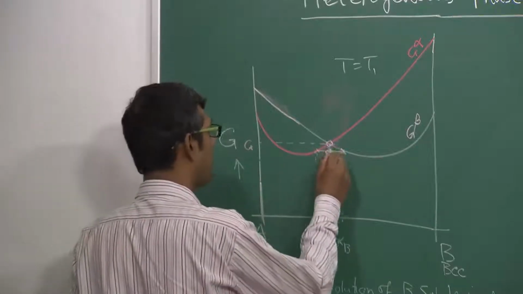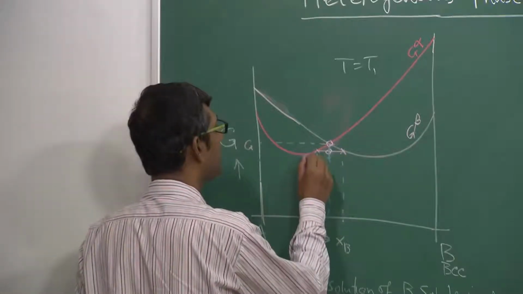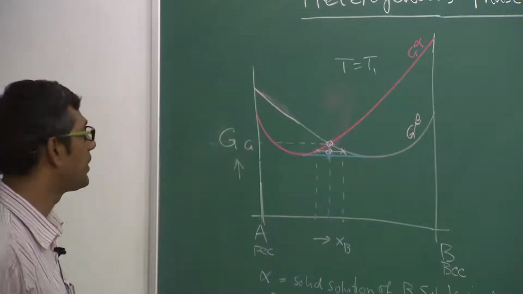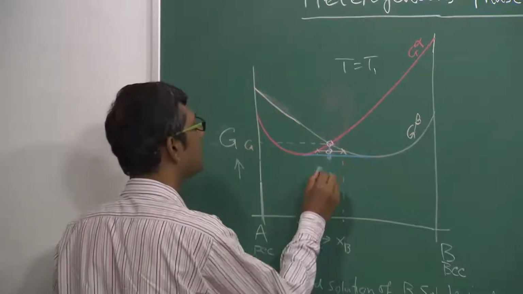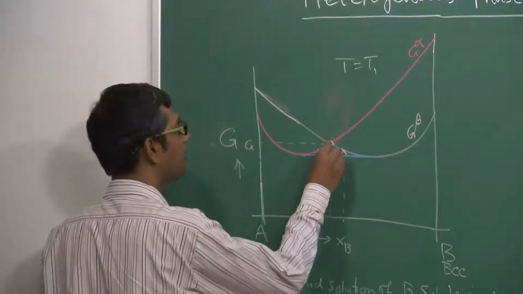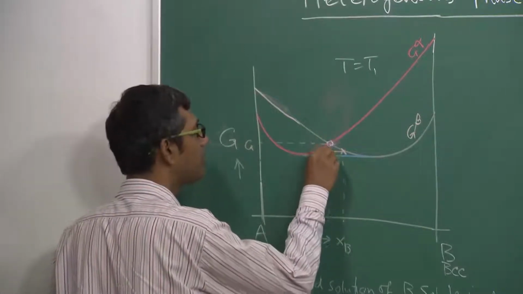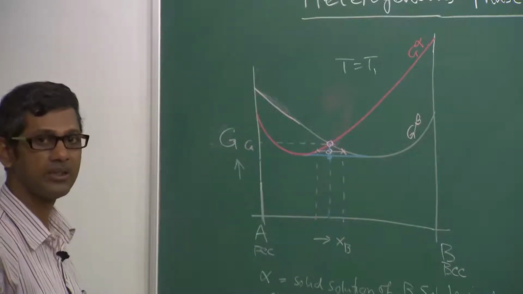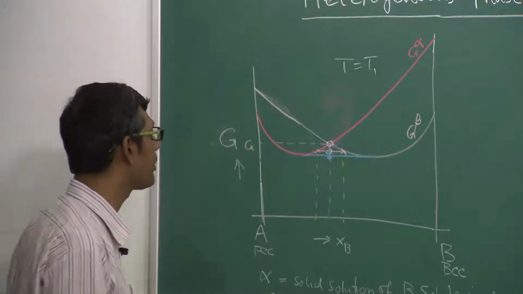It can further do that. Okay, it can further go and reduce it to this point. That is what it can do, because the average free energy of that system will be given at this point. So initially it was this point, then it reduced to this point, then it can reduce to this point. So further it can lower down the free energy of the system. Am I clear? This is a very important concept.